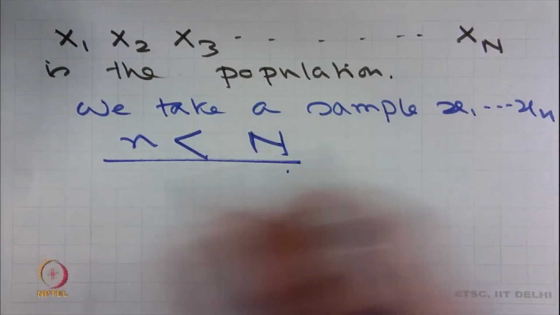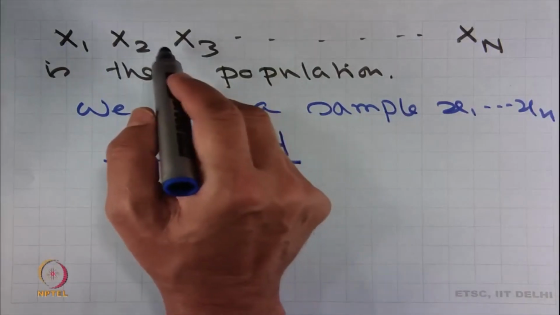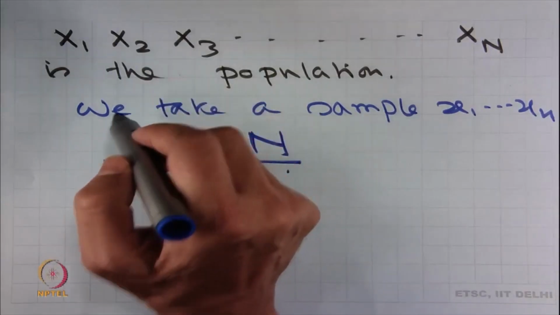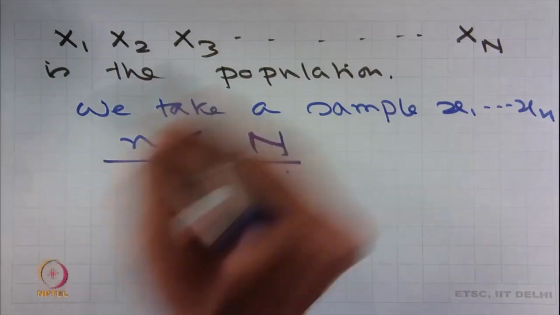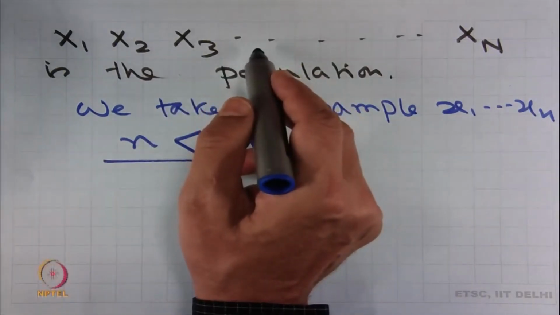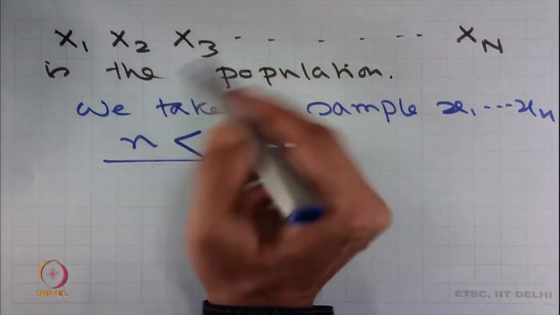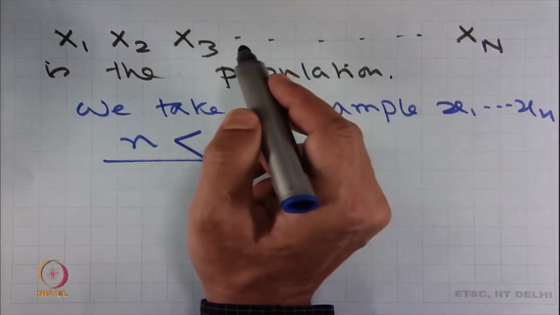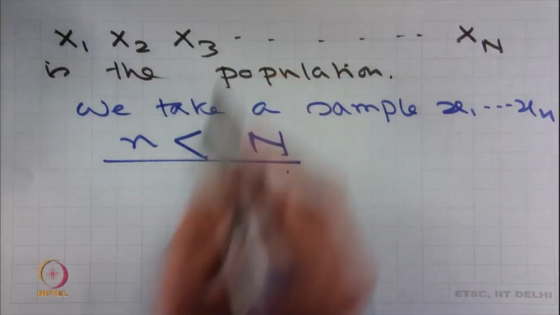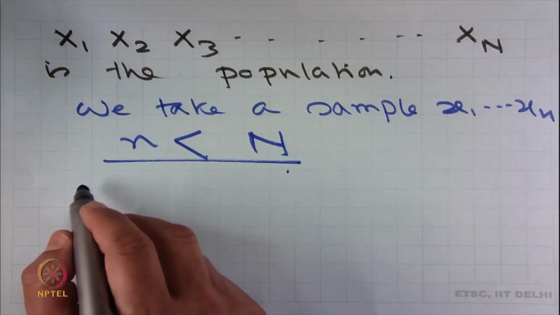If after taking one sample, we put it back again into the population before choosing the next sample, this is called simple random sampling with replacement.